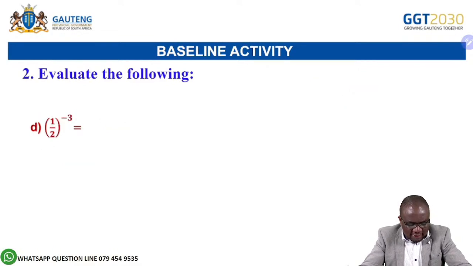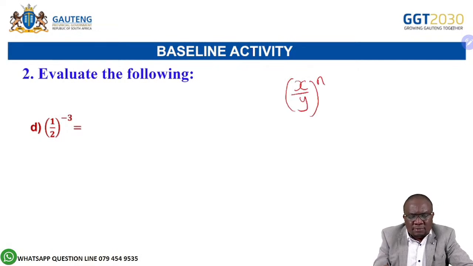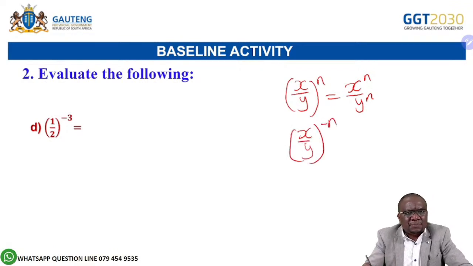And then we have this one. Again, let's remember this. (x over y) to the power n is equal to x to the power n over y to the power n. And then (x over y) to the power negative n, what do we do? Do you remember what we do? We invert the fraction, the base, which is a fraction.